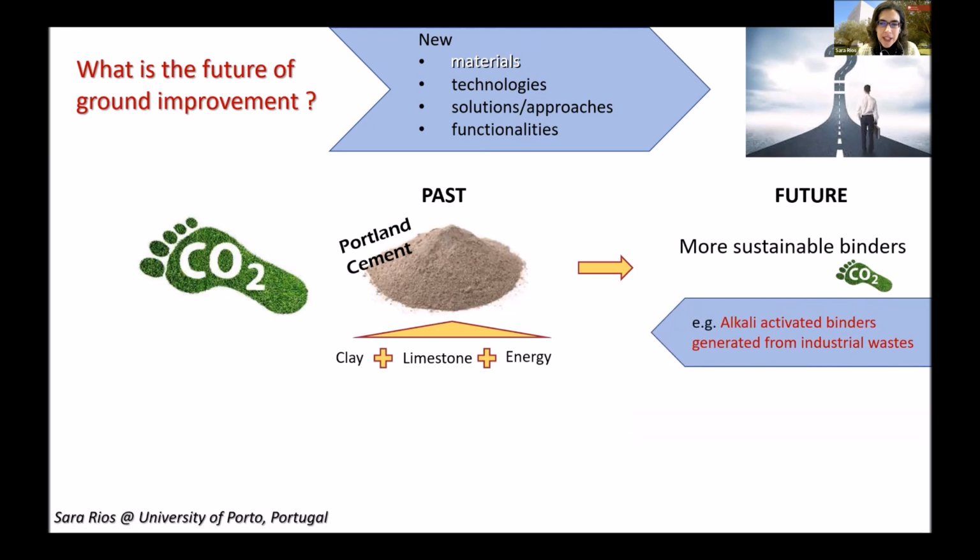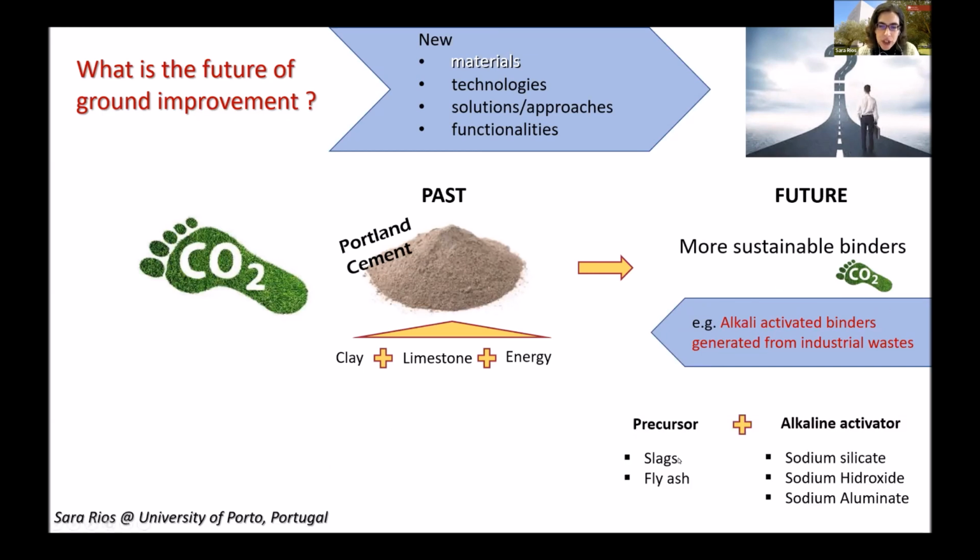The one that I'm studying here is the use of alkali activated binders generated from industrial wastes. These binders are a mixture of a precursor with an activator, a high pH solution, and these can be from different materials. But if we use industrial wastes for the precursor and for the activator, we can significantly reduce the carbon footprint. So that's what we need to pursue.